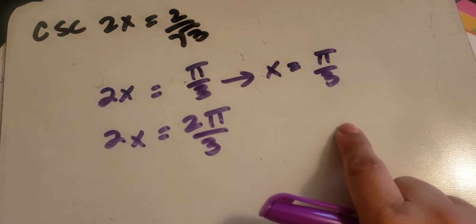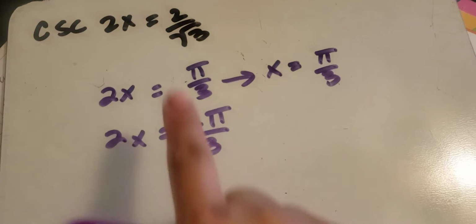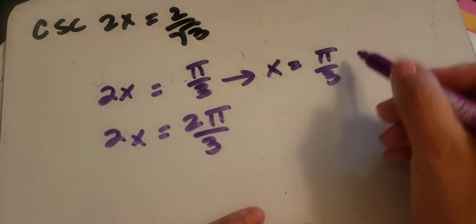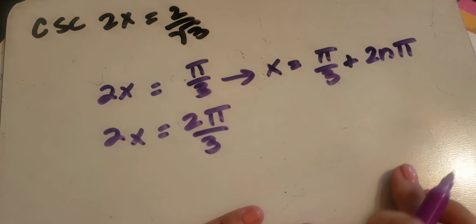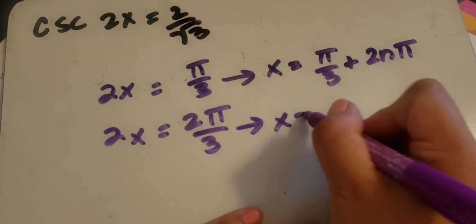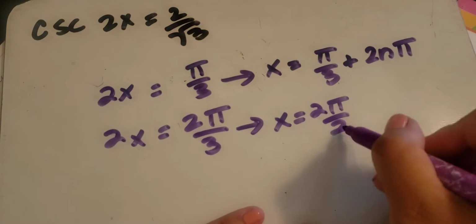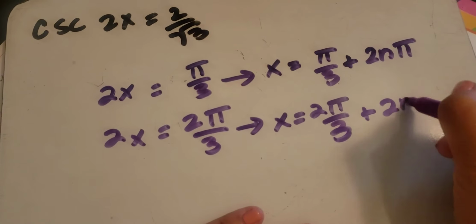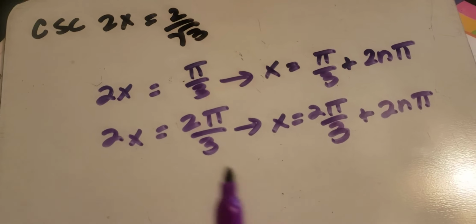So pi over 3 will give us an answer of 2 radical 3, but it'll happen every time there's a cycle. So plus every multiple of 2 pi, okay? And then same thing here. x equals pi over 3, 2 pi over 3, plus every multiple of 2 pi. So we're going to keep getting a solution every cycle.